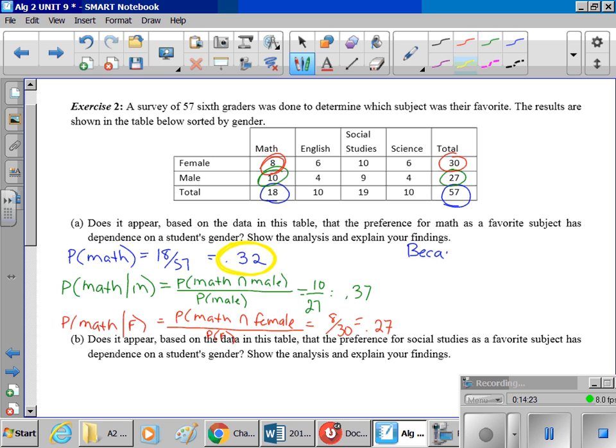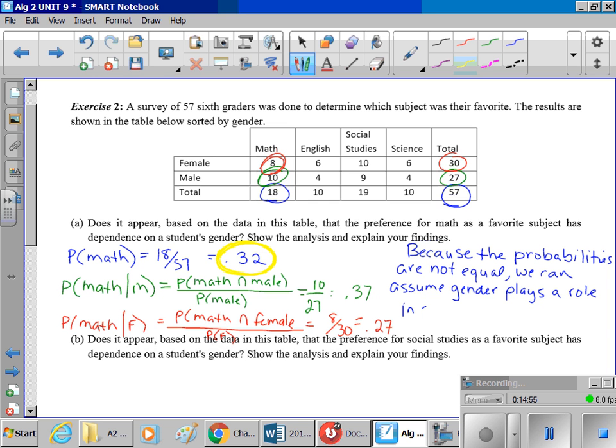Because the probabilities are not equal, we can assume gender plays a role in choosing math as a favorite subject.